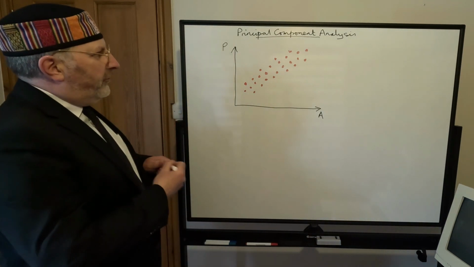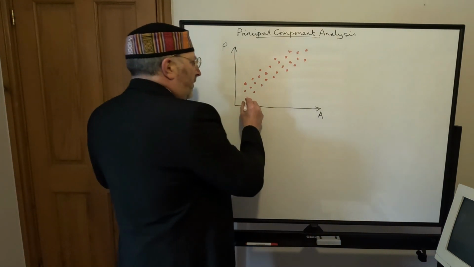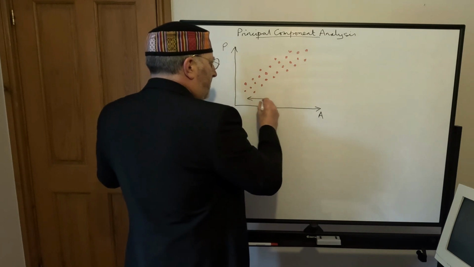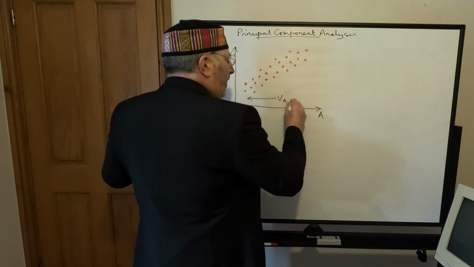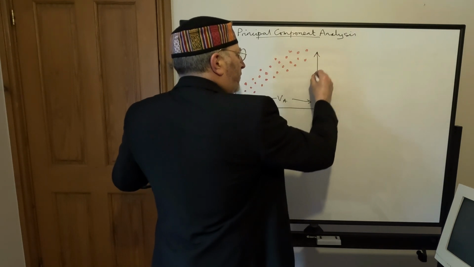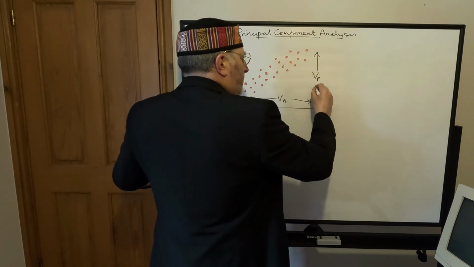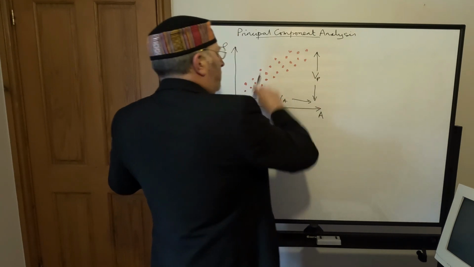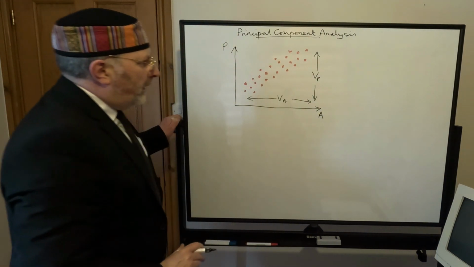And there is a certain amount of variance in the area. It can vary from there to there. And there's a certain amount of variance in the population. Varies up and down there.